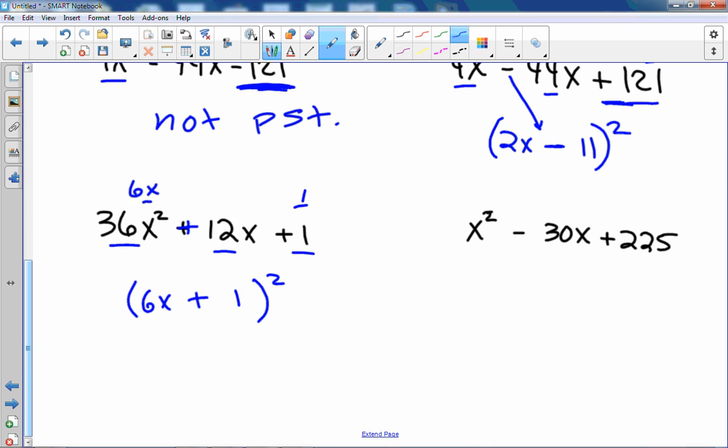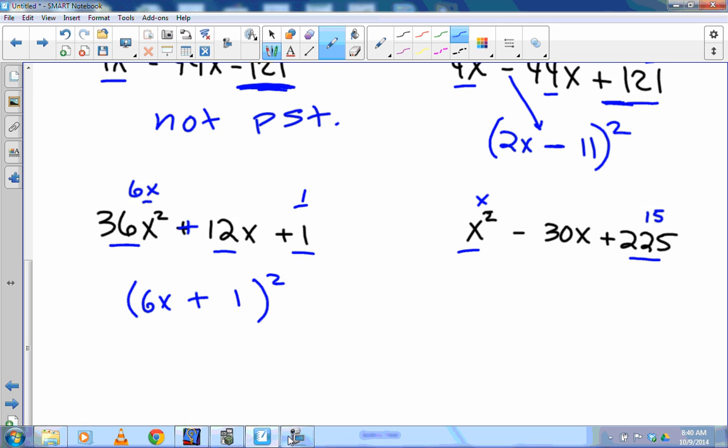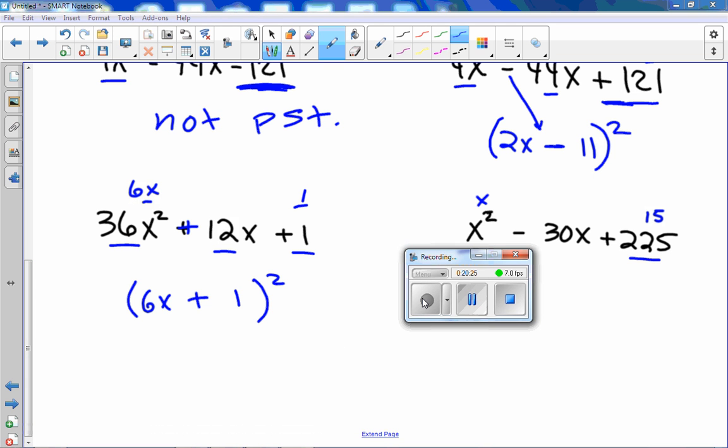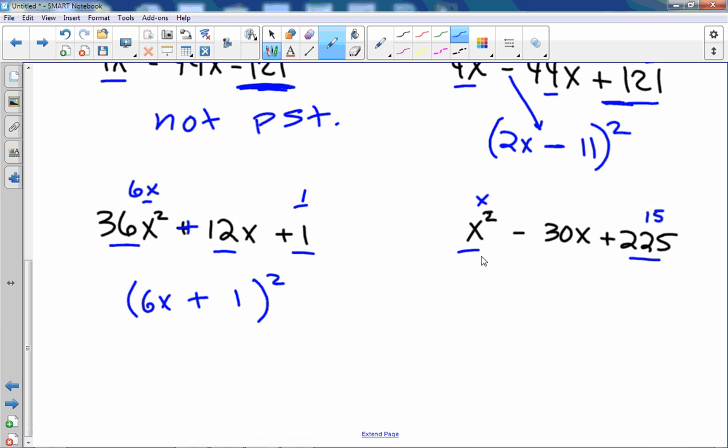Okay, let's look at the last one now. Let's check our perfect squares here. Perfect square, perfect square. They're both positive. Now let's check the square roots and see if the middle one turns out. The square root here is x, and the square root of 225 is 15. You may not have known the 225 thing. Now let's check the middle term here.